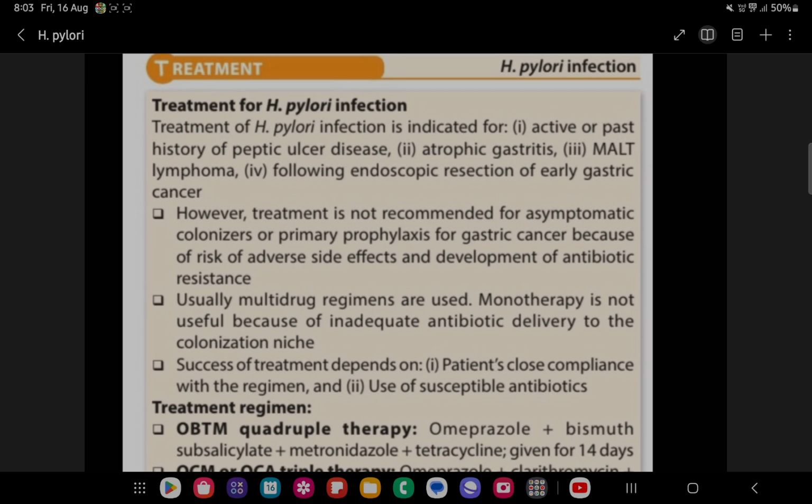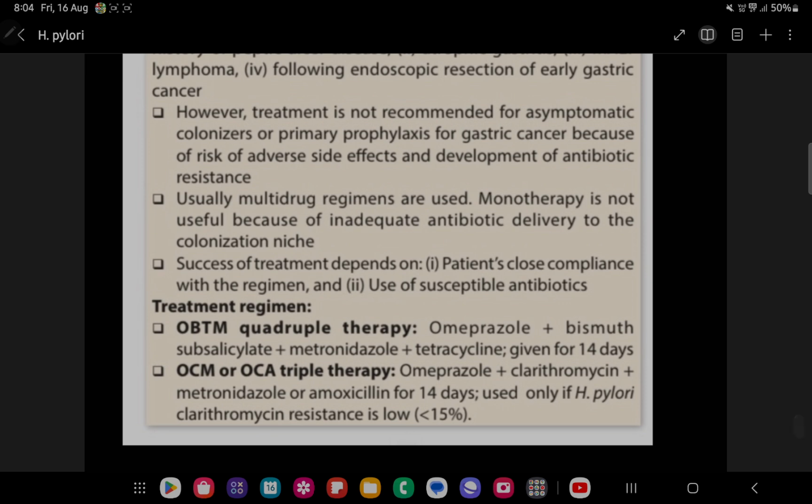Treatment is not recommended for asymptomatic colonizers or as primary prophylaxis for gastric cancer because of the risk of adverse side effects and development of antibiotic resistance. Usually multi-drug regimens are used. Monotherapy is not useful because of inadequate antibiotic delivery to the colonization niche, right? Success of treatment depends on the patient's close compliance with the regimen and use of susceptible antibiotics.